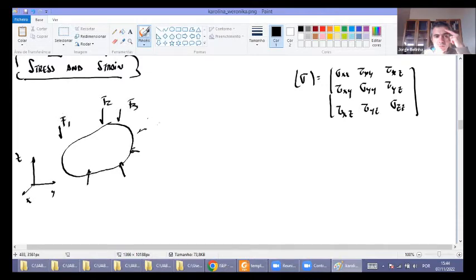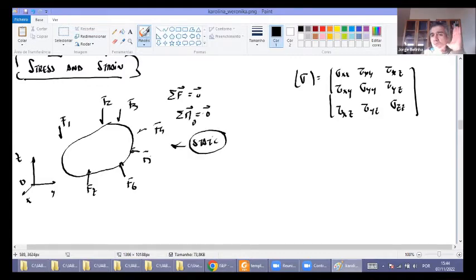F1, 2, 3, 4, 5, 6, and 7. So we agree on that. Several loads. And if we impose that the sum of all loads is equal to 0, and the sum of all force moments in relation to a point O is equal to 0, the body is static.